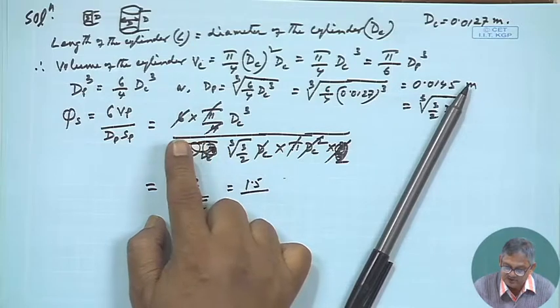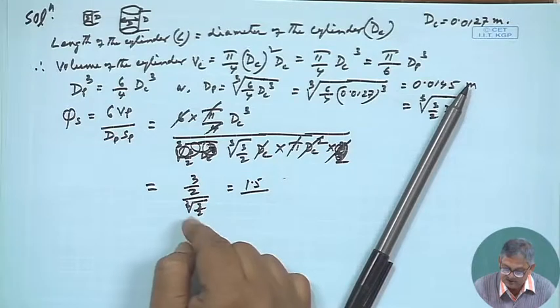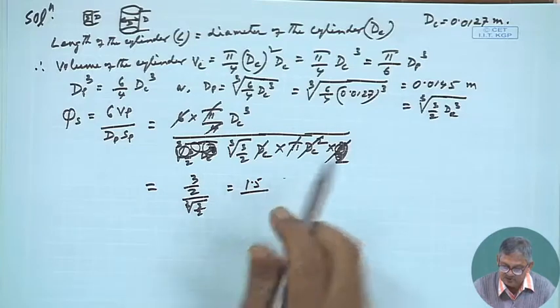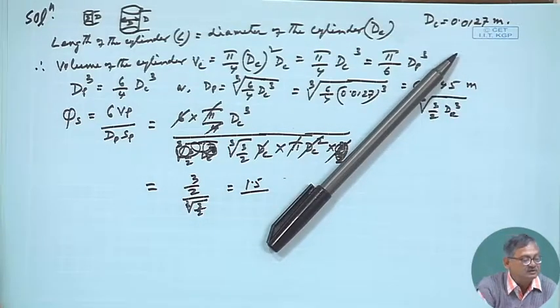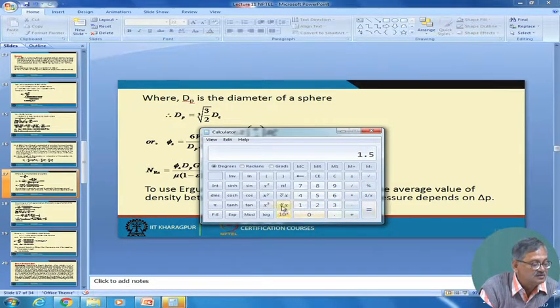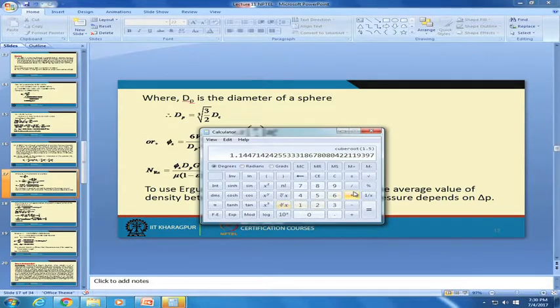So pi goes up, 6 by 4 remains, 3 by 2 by cube root of 3 by 2. So the cube root of 3 by 2 is 1.144. So 1.5 by 1.144.